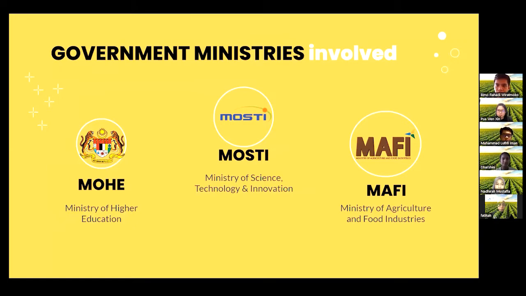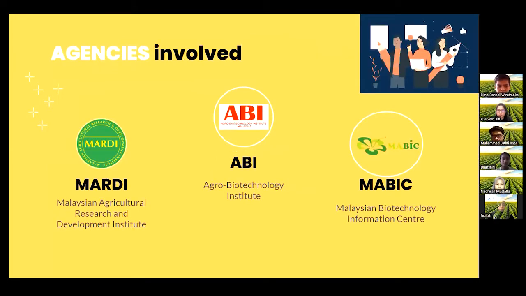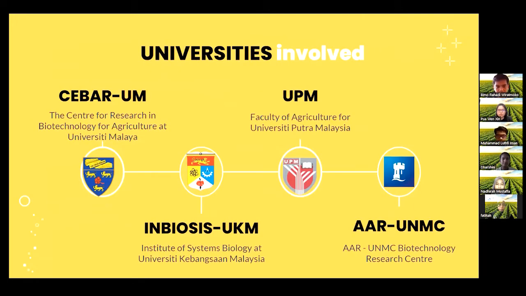Next, agencies such as MOHD, AB, and MARDI conduct research and collaborate with ministries. Next, we have universities involved too, public and private universities, as they produce human capital and conduct research for the growth of the agriculture sector.